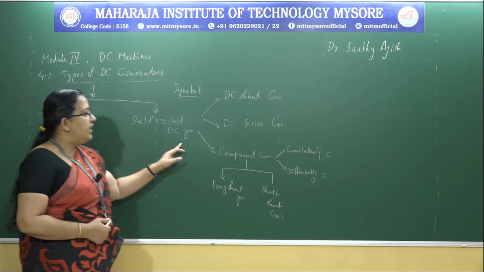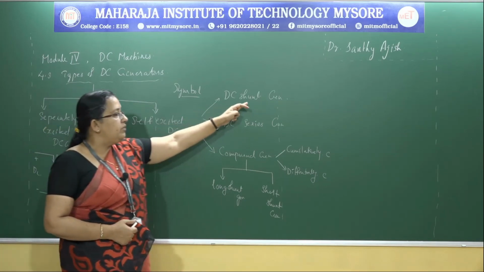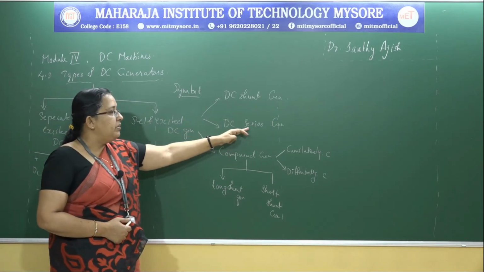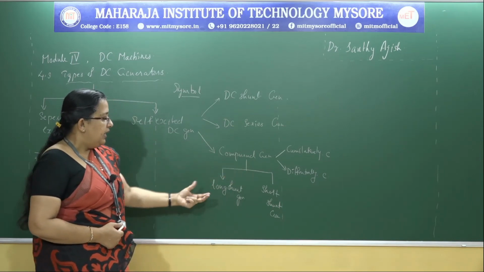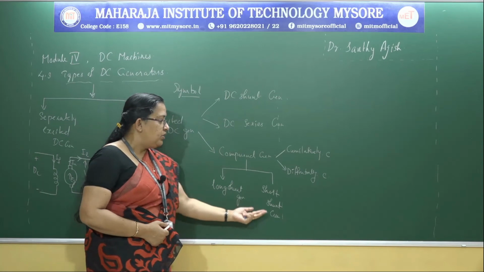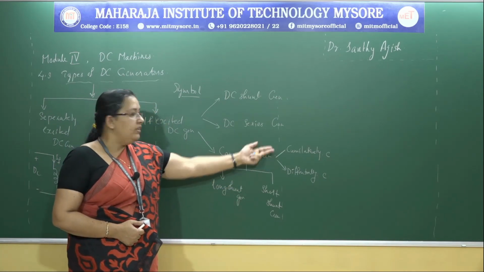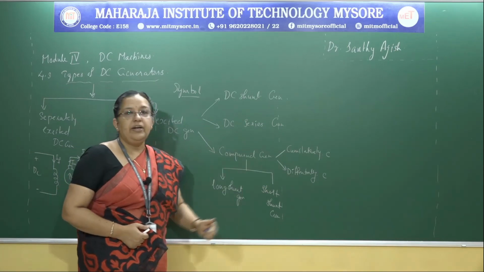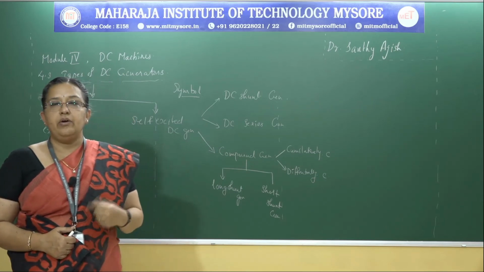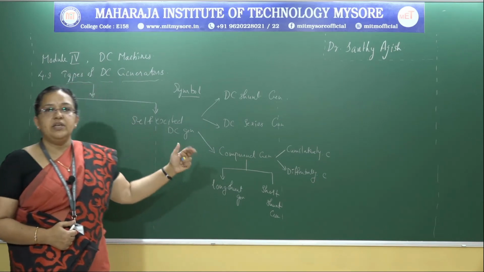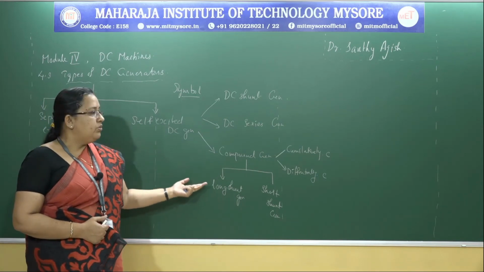Whereas in self-excited generators, you can have three types: shunt, where field and armature are connected in parallel; series, where they are connected in series; and compound, where there can be two types, long shunt and short shunt. These can further be divided as cumulatively compounded or differentially compounded, according to whether the flux is aiding or in opposite direction. So these are the types.